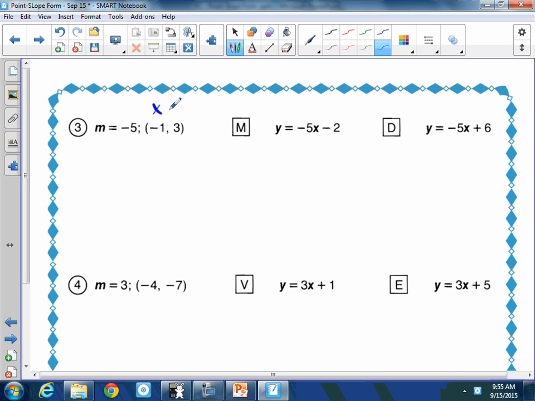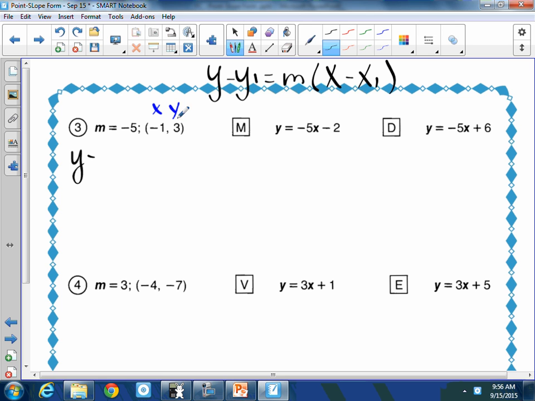Identify your x and your y, and let's plug it in. I'm going to write the equation at the top. The equation is y minus y1 equals m times x minus x1. So let's go ahead and plug it in.